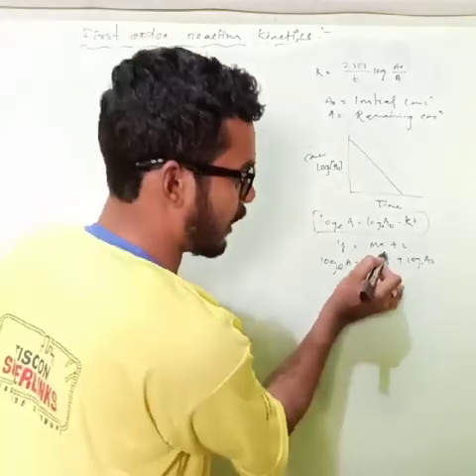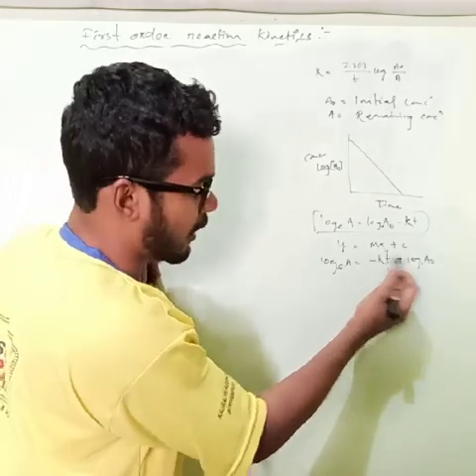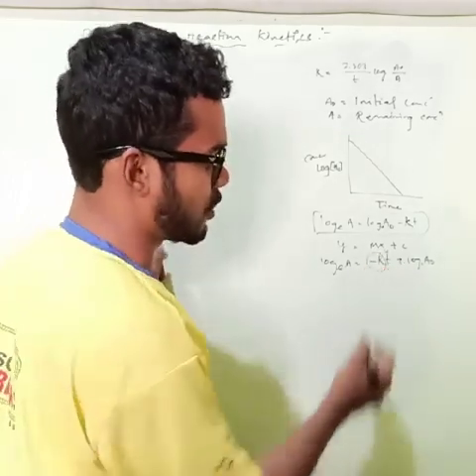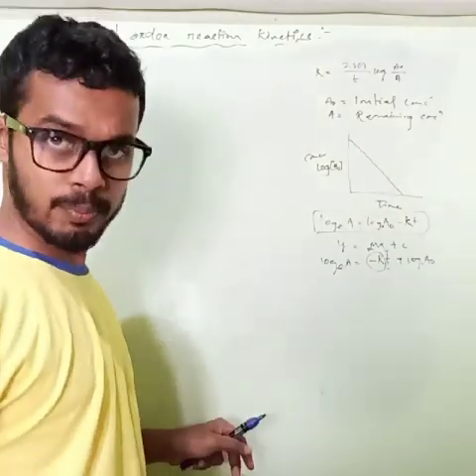The x-axis is time, so minus k is your slope. So how will you find the rate constant? By finding the slope.